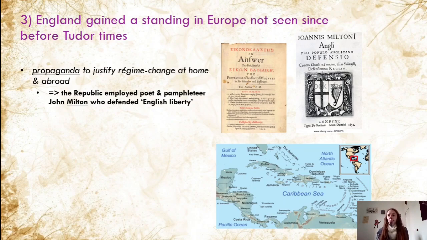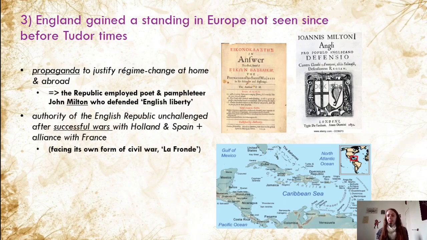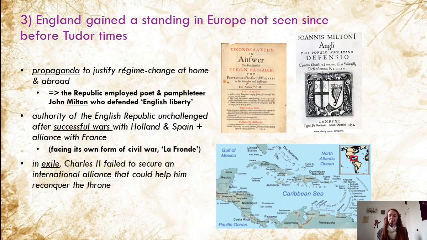The Republic employed the poet and pamphleteer John Milton, you may have heard of him in literature lessons, who defended English liberty. The authority of the English Republic was unchallenged after successful wars waged against Scotland, Holland and Spain, and an alliance with France, which was facing its own civil war, if you remember your history lessons.